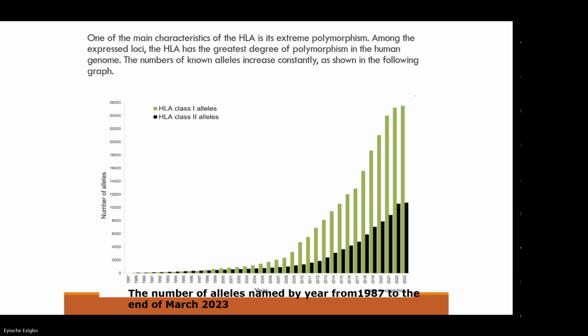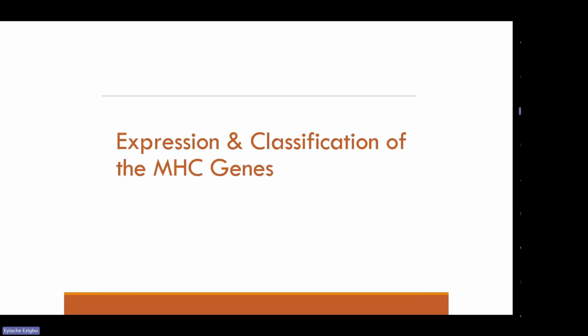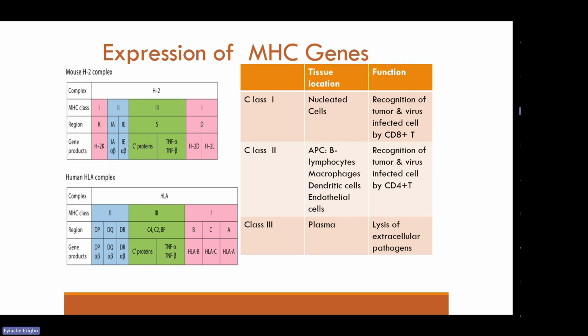So, expression and classification of the MHC gene. We said we have class 1, class 2, and class 3, but our main discussion will zero in on class 1 and class 2.